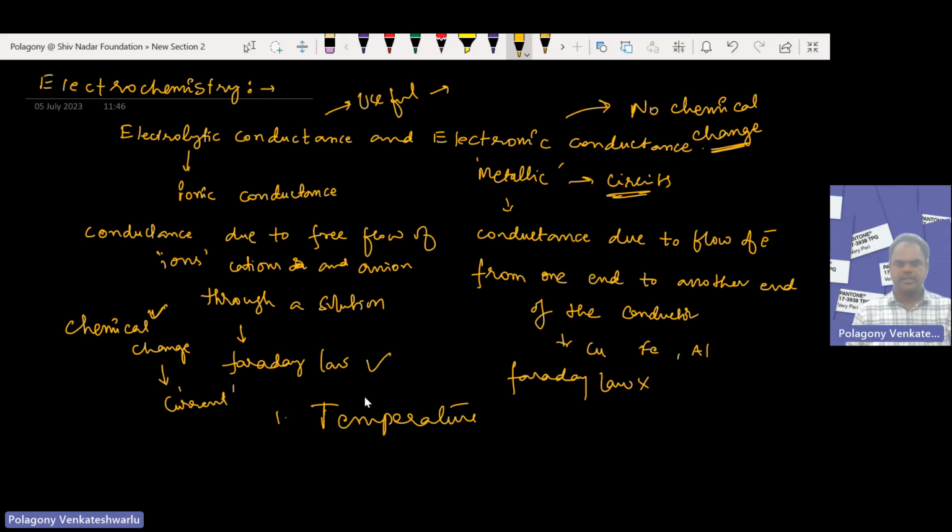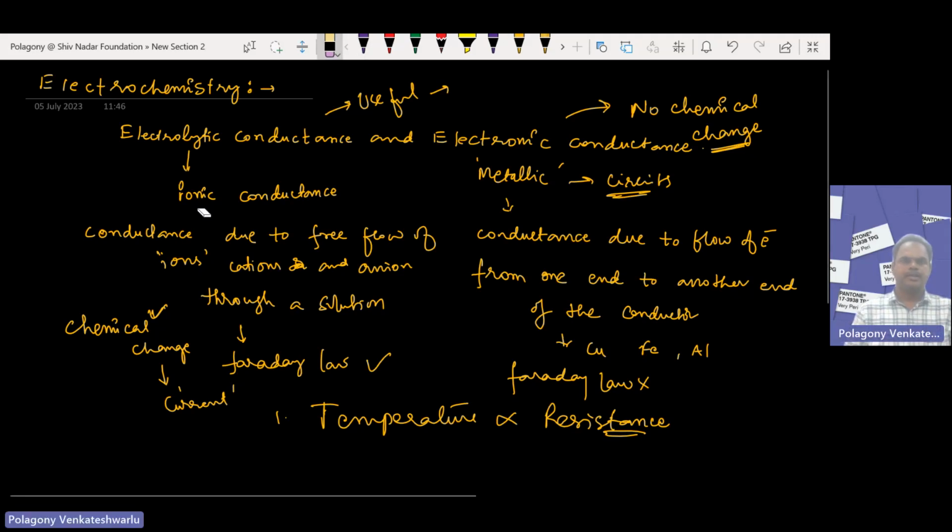When temperature increases, conductance initially increases, but a further increase in temperature also causes an increase in resistance. So temperature can affect both electrolytic conductance and electronic conductance.